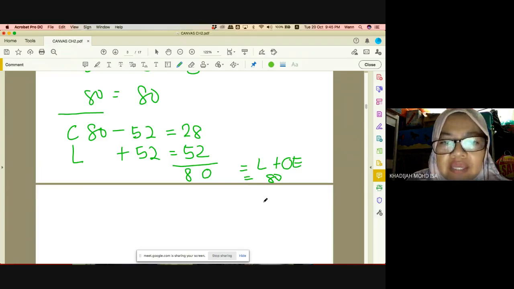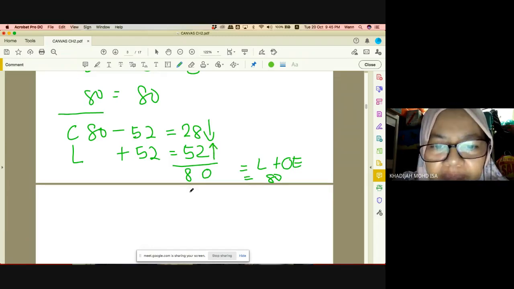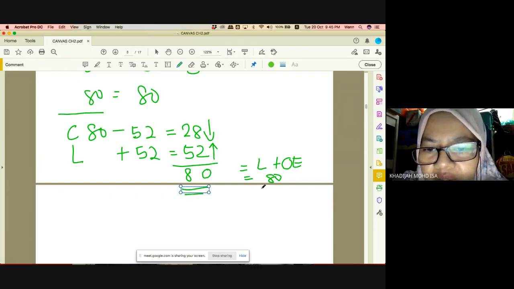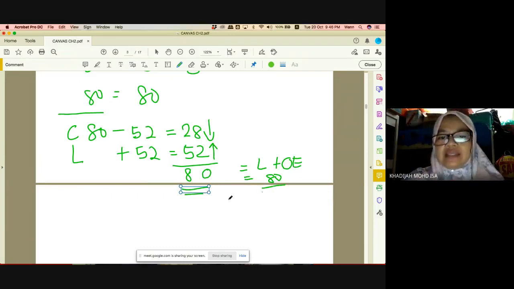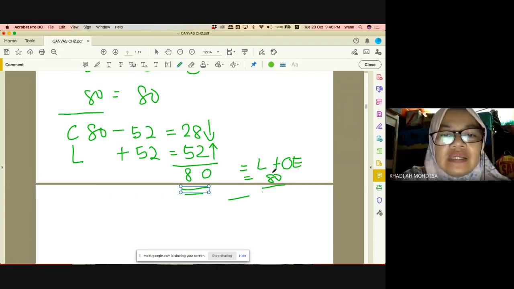Your cash is now reduced to 28, but you have increased your asset by 52 in the form of land. But the total is still 80 and your L plus OE is still 80,000. Clear? So that's why every transaction must keep the accounting equation balanced. There's no change on the L plus OE, but there's a change in the asset.